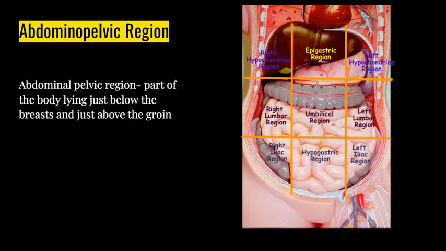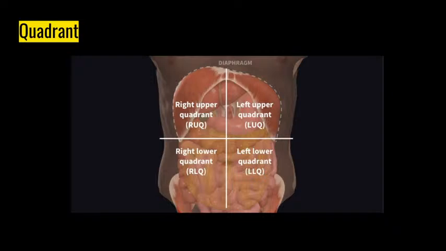Then we moved on to the abdominopelvic region and described the 9 parts of the body just below the breasts and just above the groin. Lastly, we talked about the 4 quadrants: the right upper quadrant, the left upper quadrant, the right lower quadrant, and the left lower quadrant.